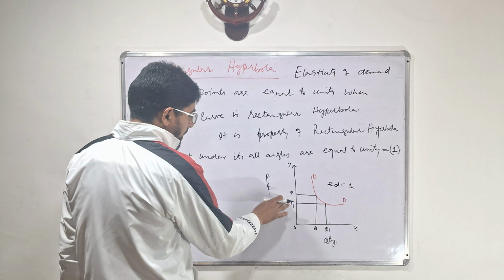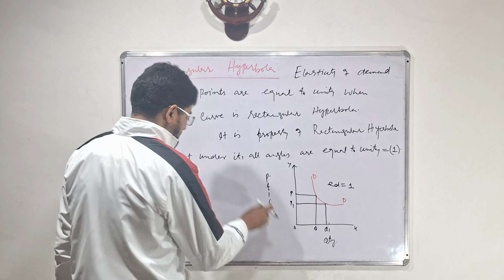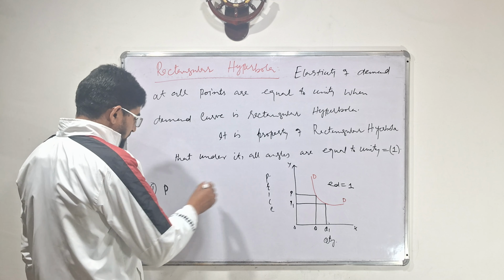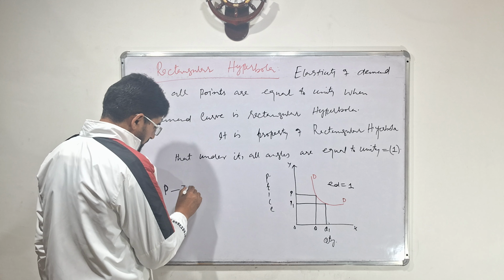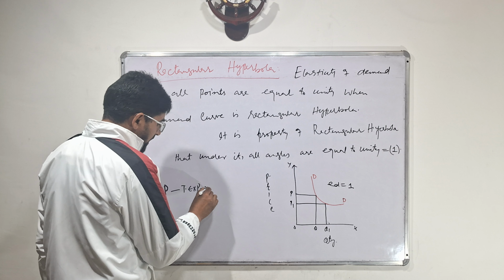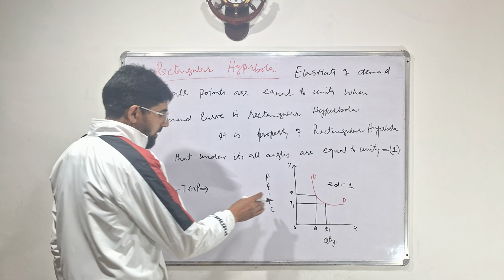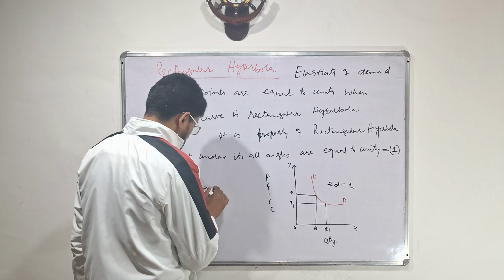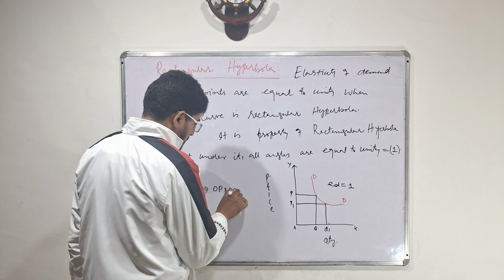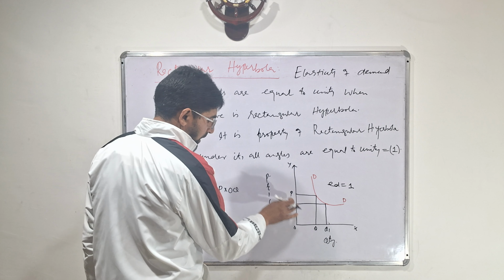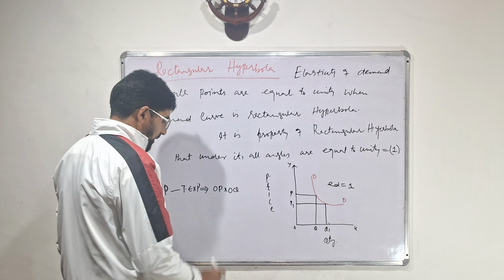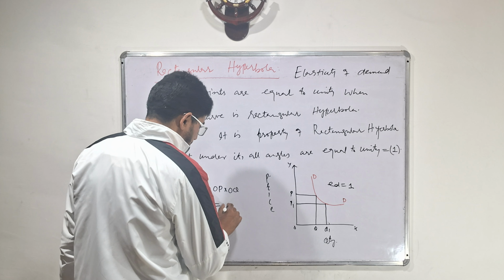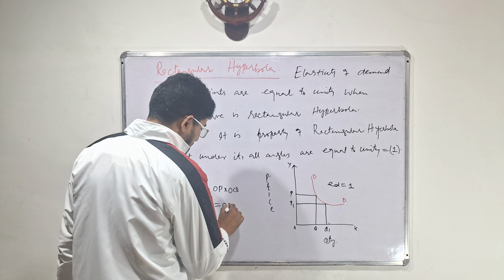I will try to solve this. If we take the initial price as P, then total expenditure will be price multiplied by quantity, that is OP multiplied by OQ, which equals the area OPQT.